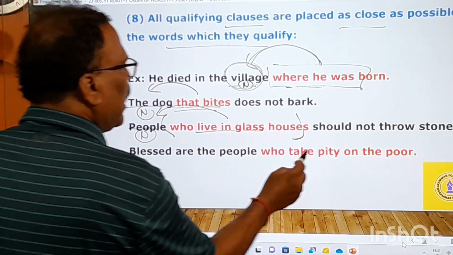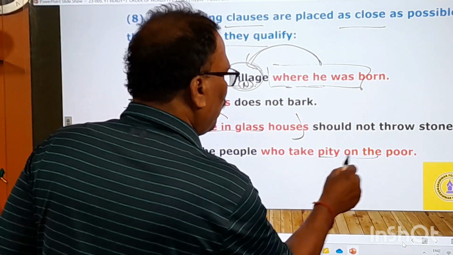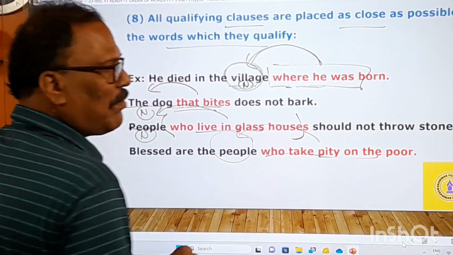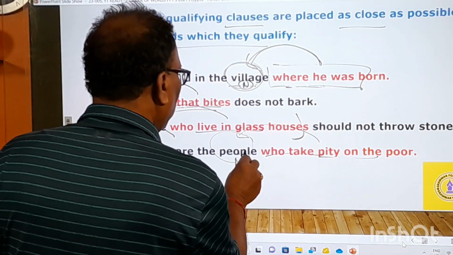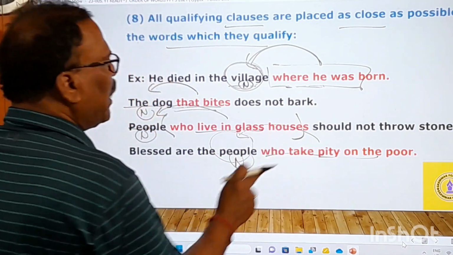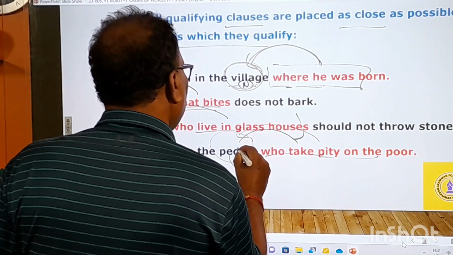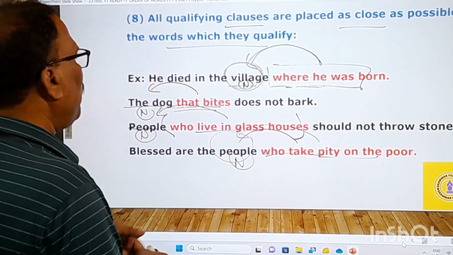Blessed are the people who take pity on the poor. So this whole clause is qualifying this noun. What are these words doing? They are describing these people. Who are the blessed people?